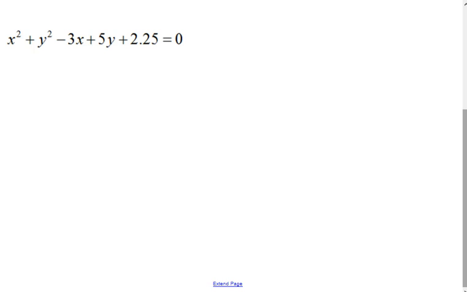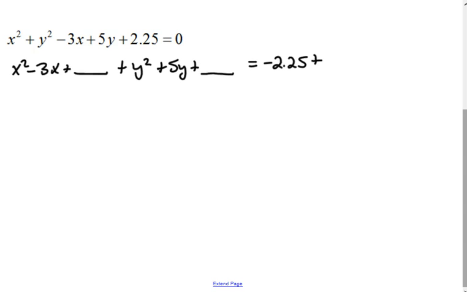Like I said, a little bit messier numbers. So I have x squared minus 3x plus blank plus y squared plus 5y plus blank equals negative 2.25 plus blank plus blank. So I need this to be half of negative 3. So negative 1.5.